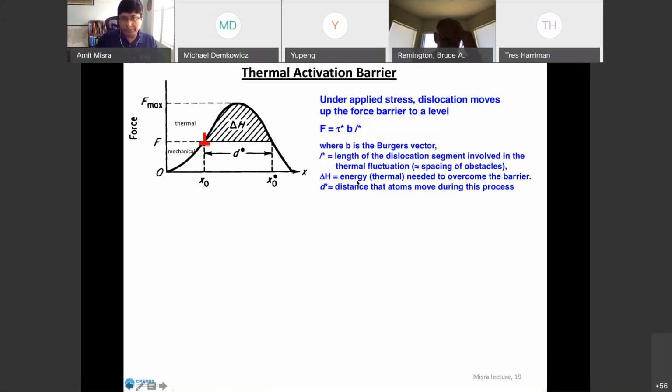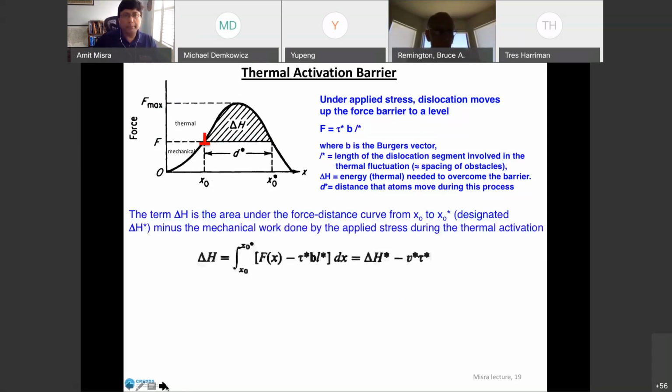So this is the energy that needs to be overcome, and this represents the barrier from the short range obstacles that in principle can be overcome by thermal fluctuation. So we can say that delta H is the area under this force distance curve from X naught to X naught star, minus the mechanical work done by applied stress during thermal activated flow.